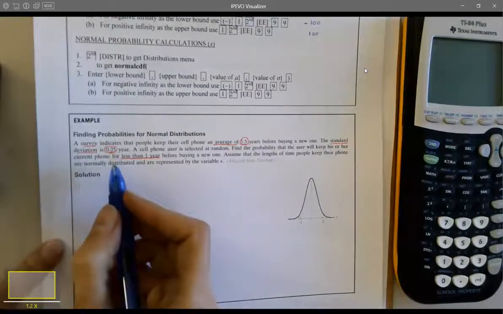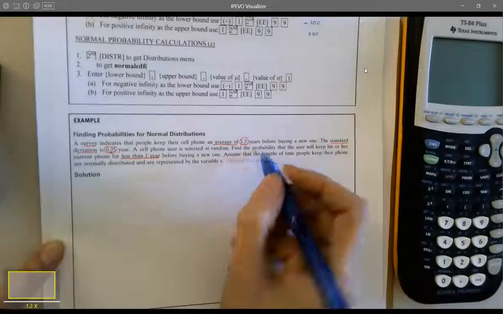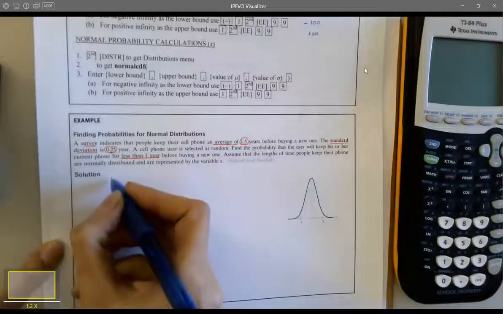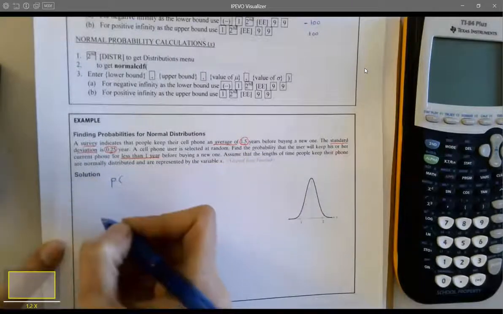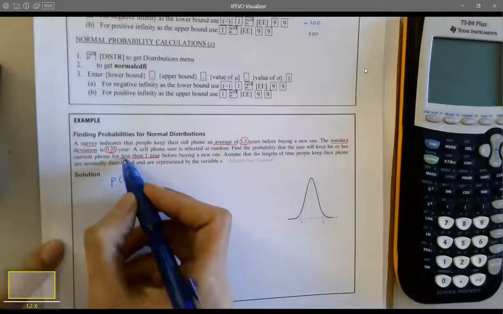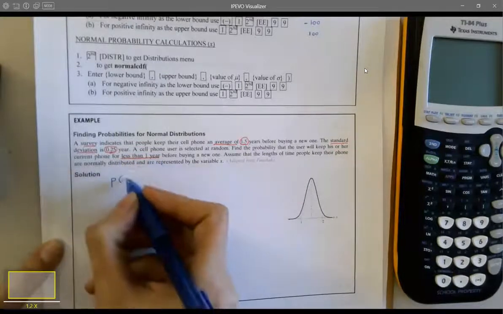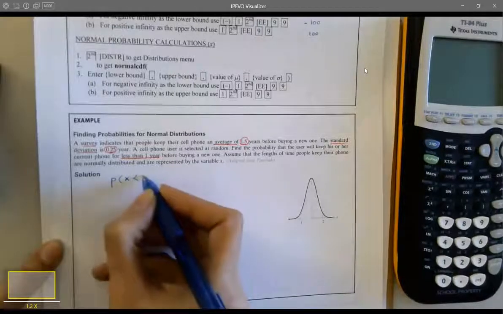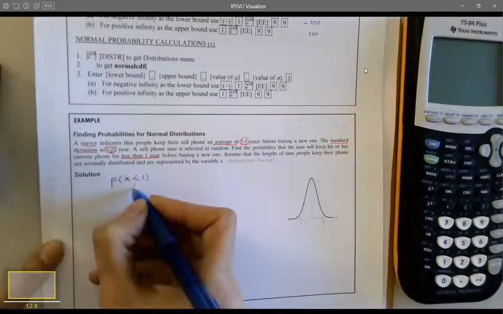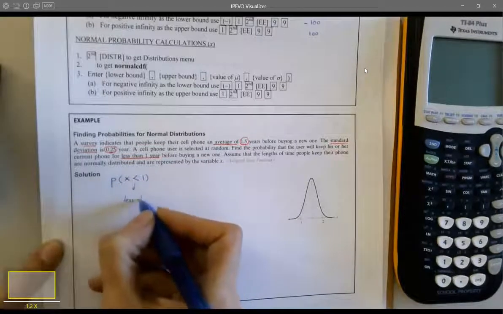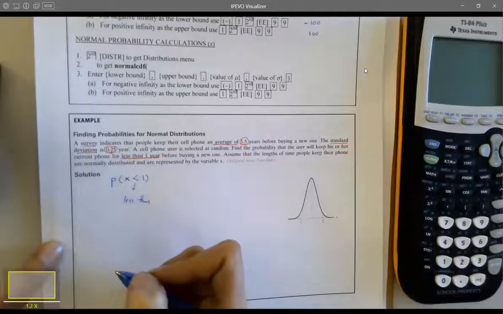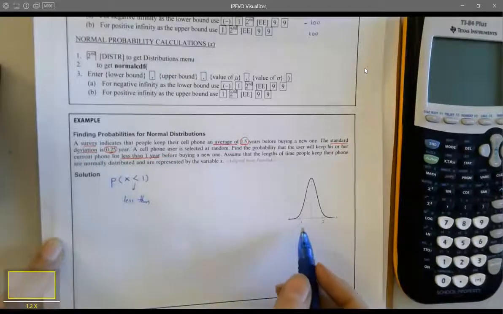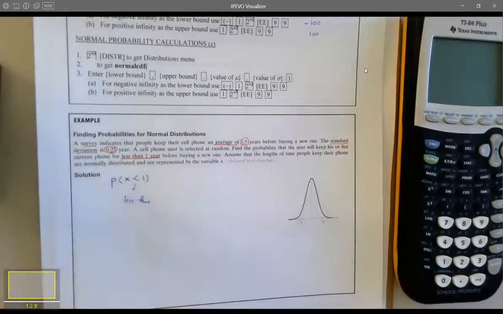We're looking for the probability that our X is less than 1 year. The continuous random variable is less than 1 year. Less than. Well, let's take a look at our normal distribution.